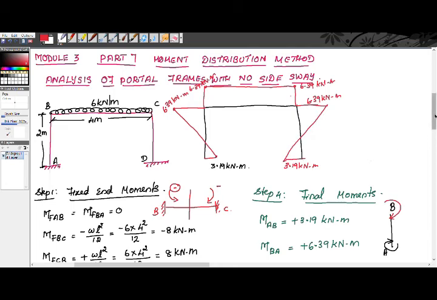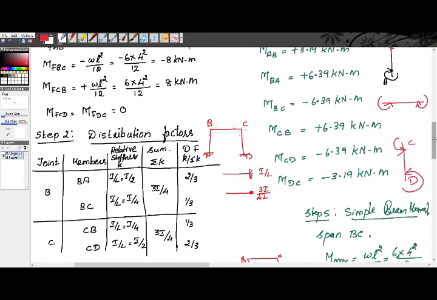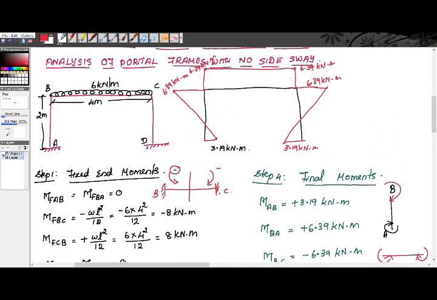Now we didn't draw the simple beam moment diagram. The simple beam moment diagram is only for BC, it is 12 kilonewton meter. It will be a parabola that you have to draw first. It is 12, so it will be like this.